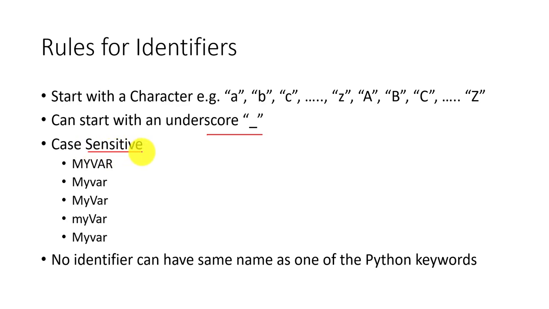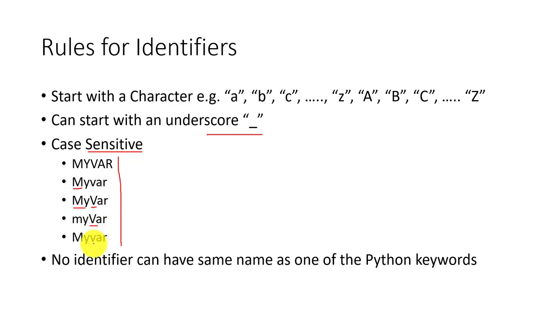Because these are case sensitive, all these variables which are given here are all different. Because in the first case you see that all the letters are uppercase. In the second example, M is uppercase. In the third example, M and V are uppercase. In the fourth example, this V is uppercase.